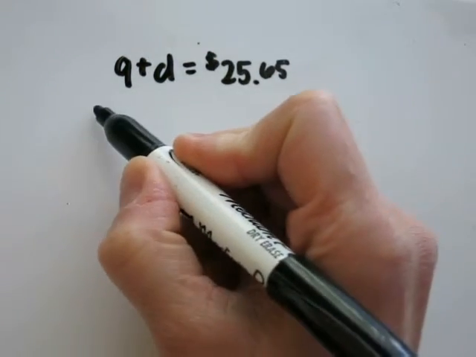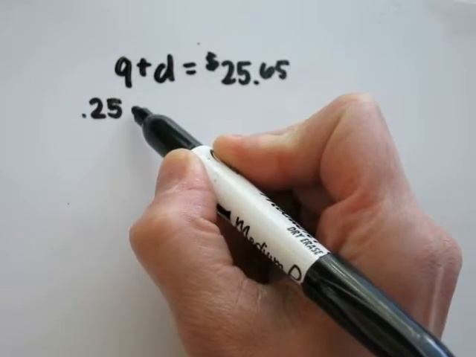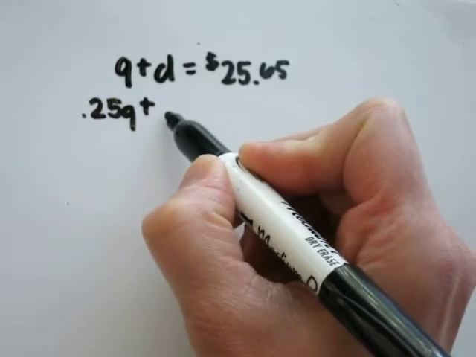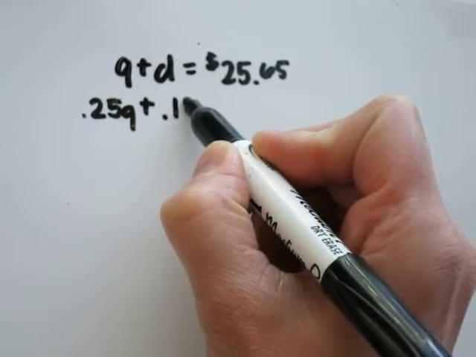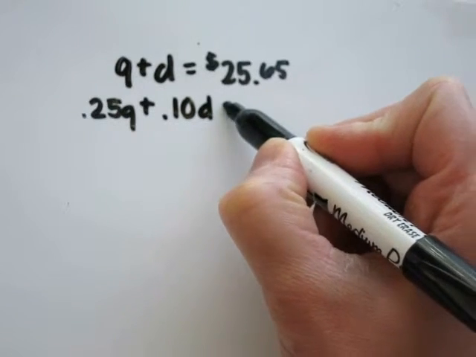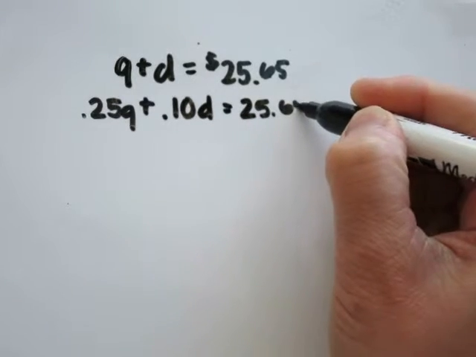Now, a quarter is worth 25 cents, or 0.25. We don't know how many quarters, so we'll call the number of quarters Q. A dime is 10 cents, or 0.10. We don't know how many dimes, so we're going to call that D, and that will equal 25.65.